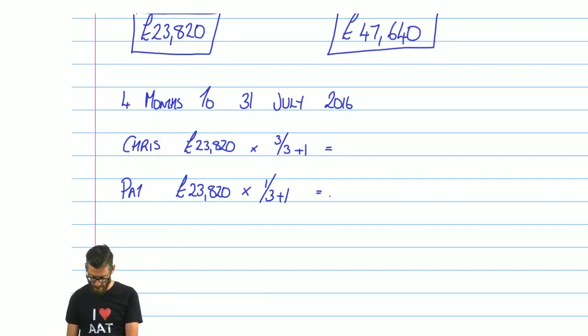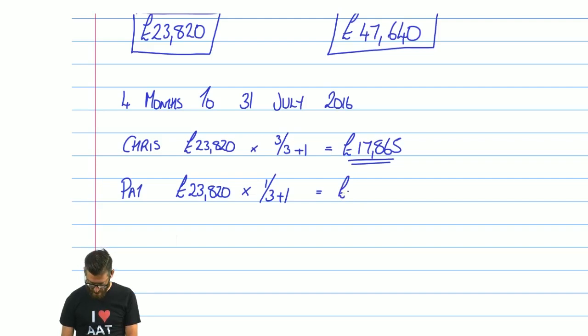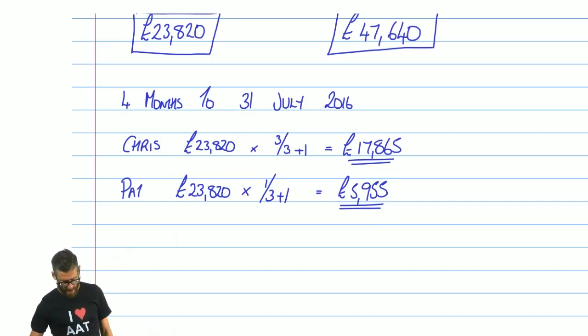Chris, therefore, will get 17,865, whereas Pat would get 5,955. Two numbers, quickly created.